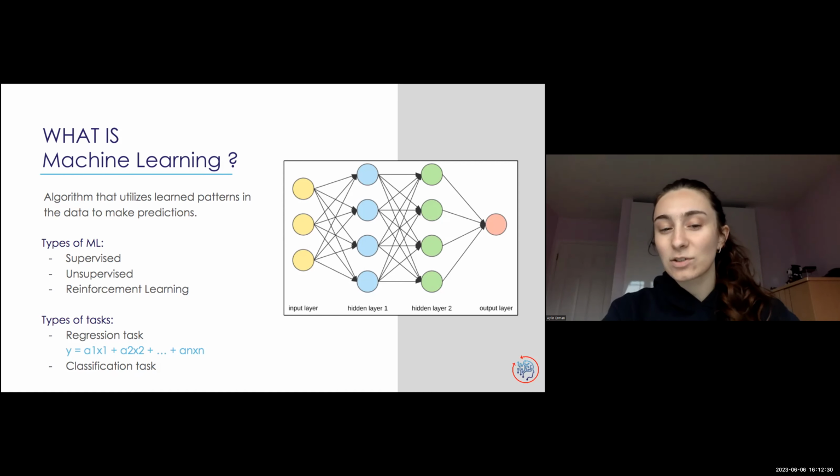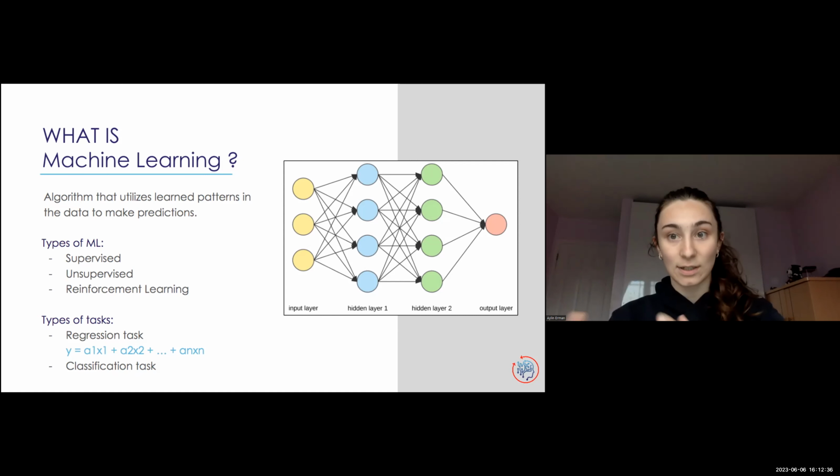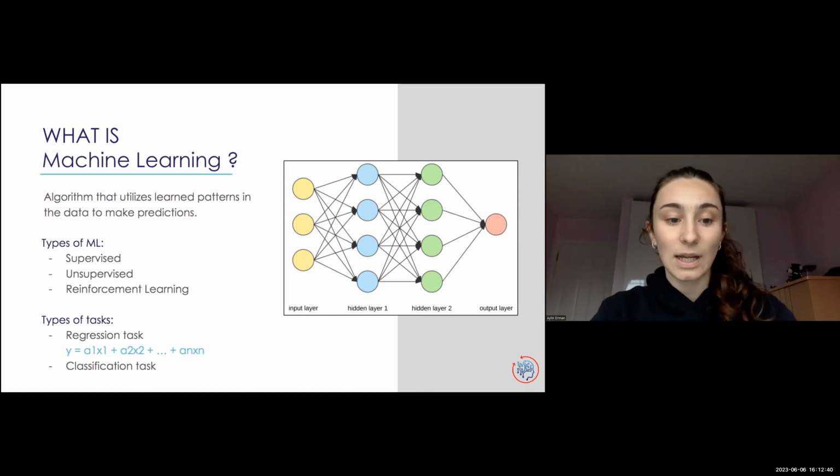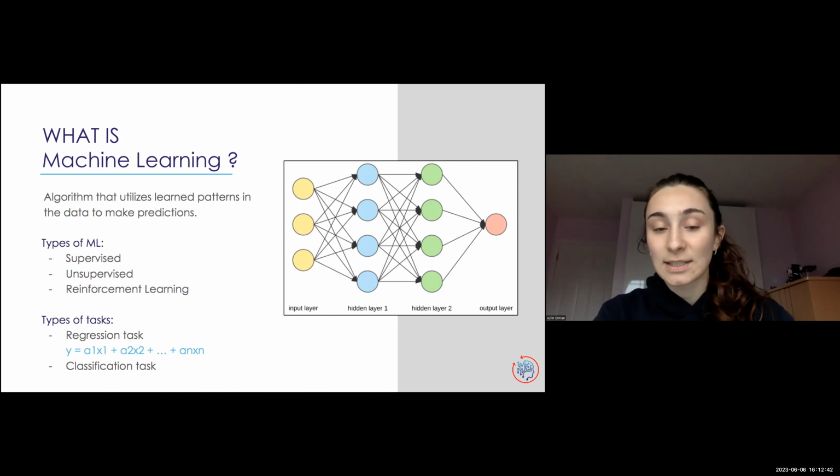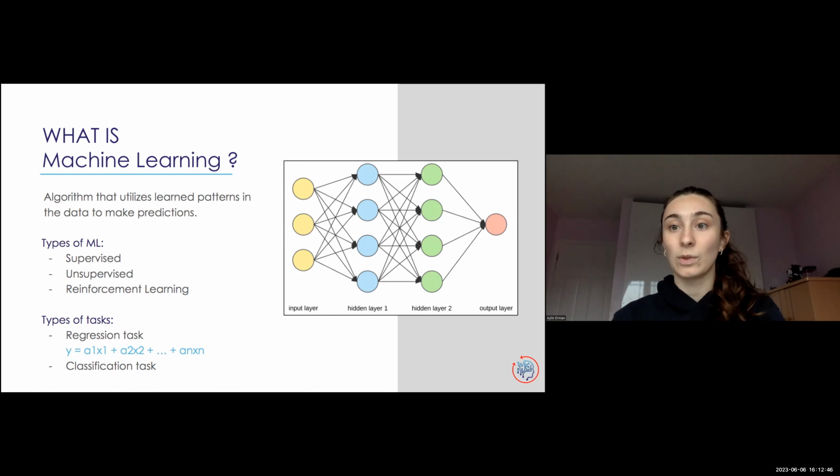It's not always just an equation that's this simple, but the general idea is the machine is learning an equation that maps the variables onto y. A classification task using the same example could be, using the same data, can we predict what neighborhood this house is in? So that would be classification.